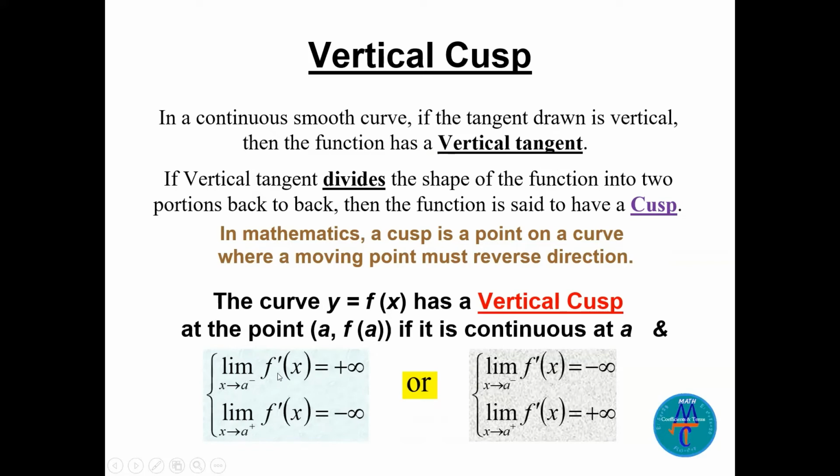If we have the limit of f prime as x goes to a from the left equal to plus infinity, and the limit of f prime as x goes to a from the right side equal to minus infinity. See, this is opposite. Or we have the limit of f prime of x as x goes to a from the left equal to minus infinity, and the other one plus infinity.